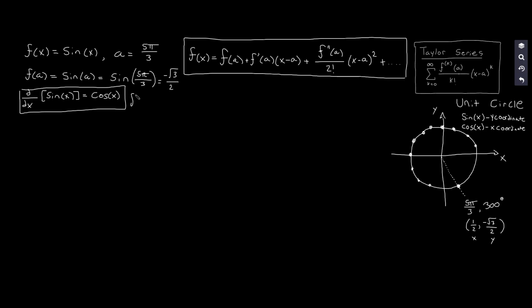That means that f prime of x equals cosine of x, but we want f prime of a, which is going to be cosine of a.